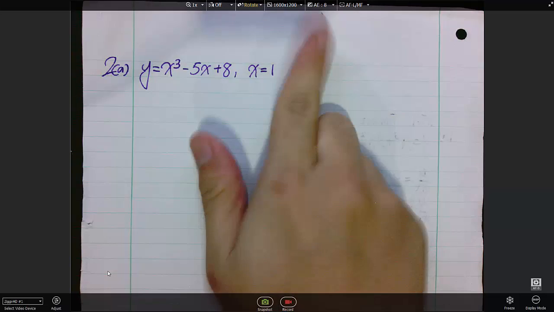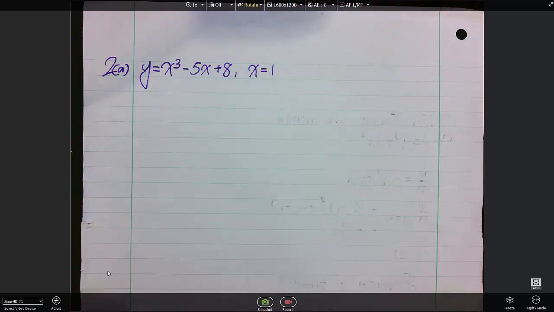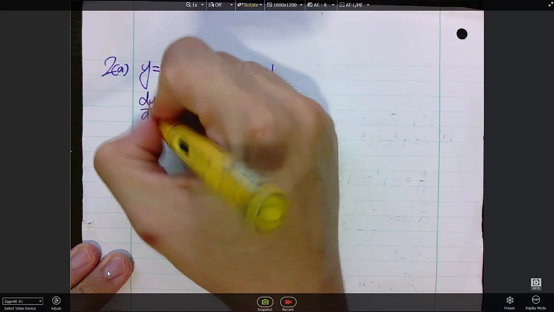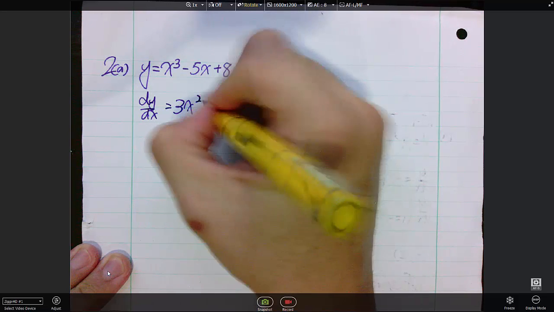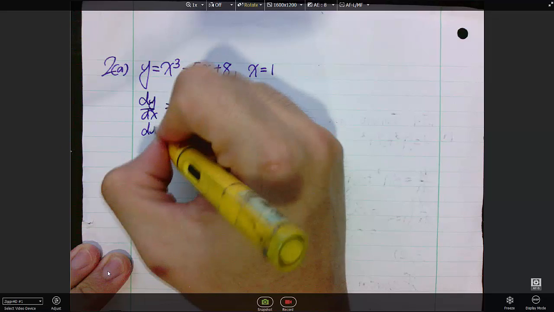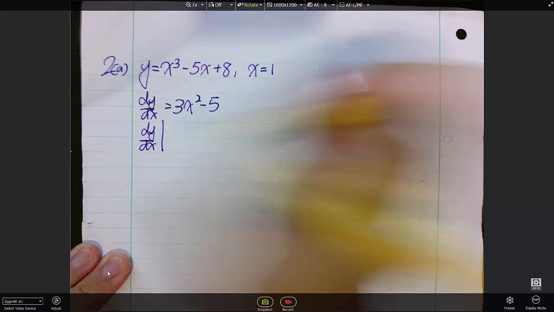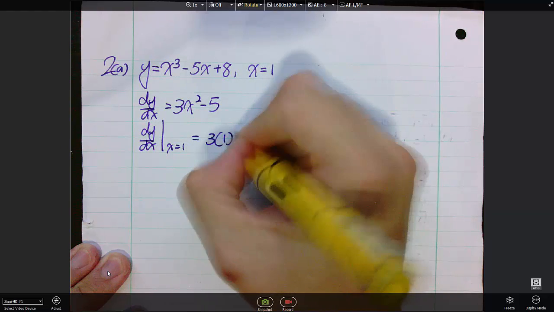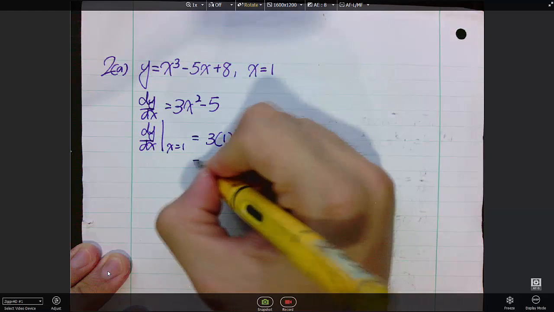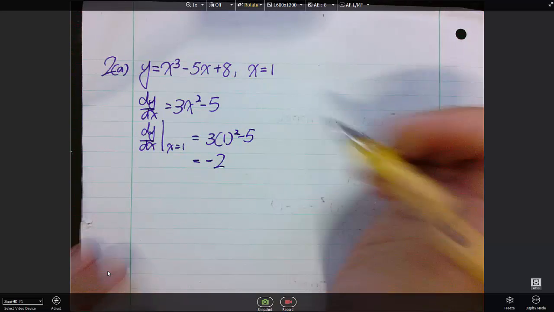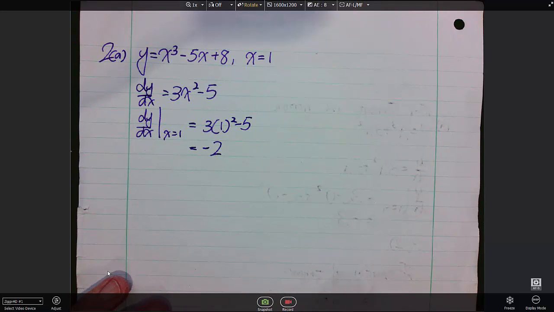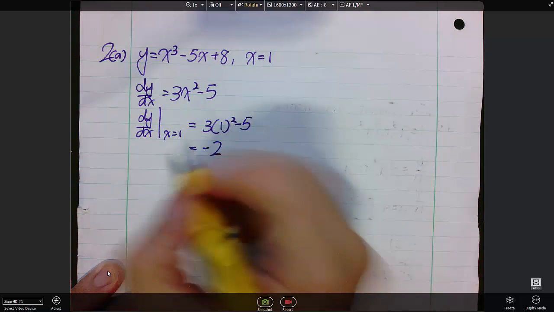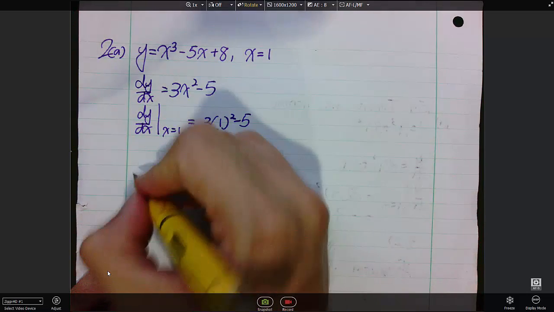So first and foremost, what I do here is this. I differentiate with respect to x. I get 3x squared minus 5. Then the gradient of my tangent, where x equals 1, is 3 times 1 squared minus 5. My gradient is -2. But be very careful down here, because what we actually want to find is the equation of the normal.